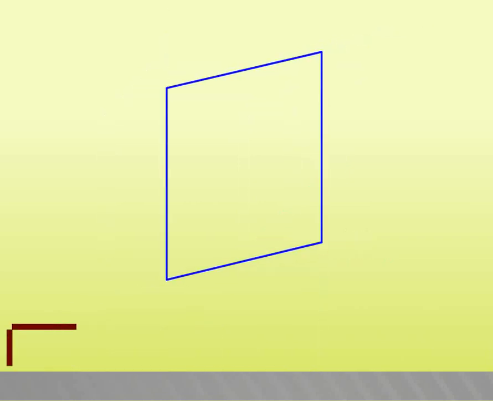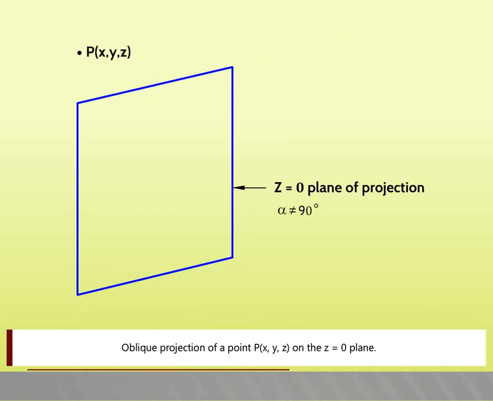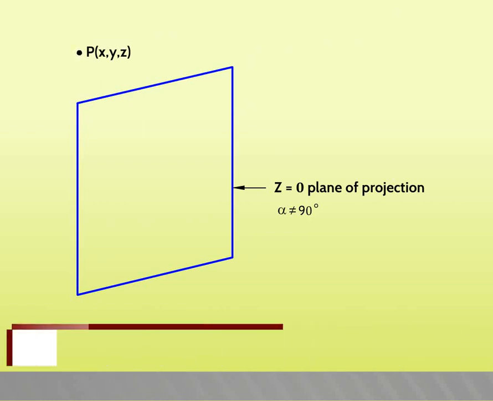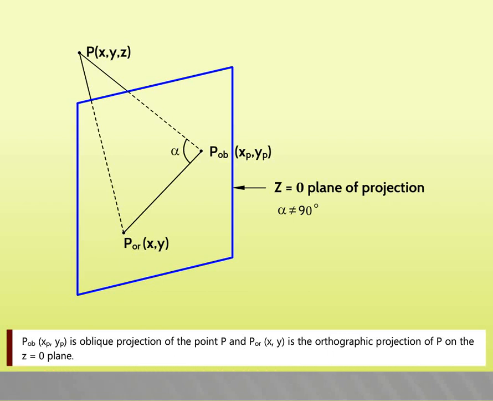Oblique projection of a point P of x, y, z on the z is equal to 0 plane. POB of xp, yp is oblique projection of the point P, and P or x, y is the orthographic projection of P on the z is equal to 0 plane.